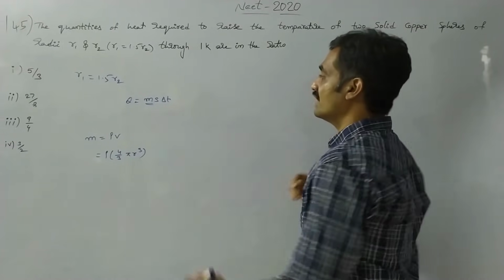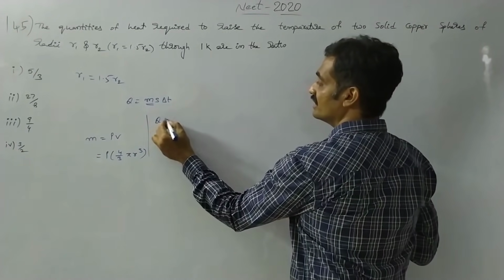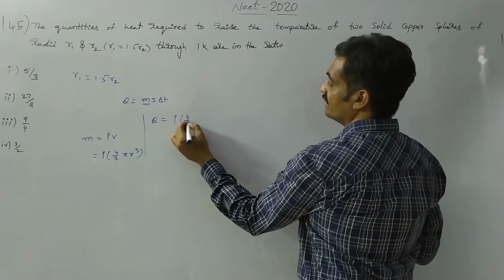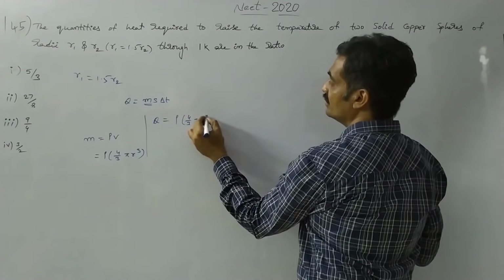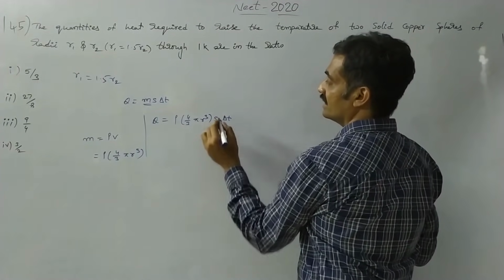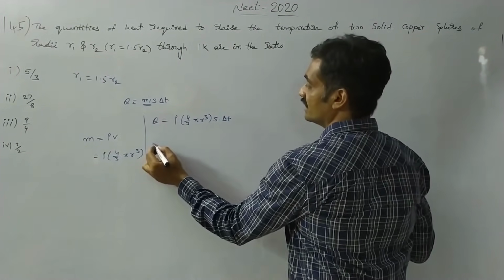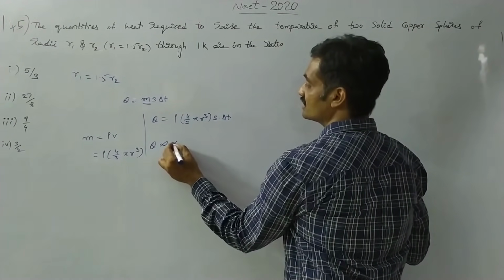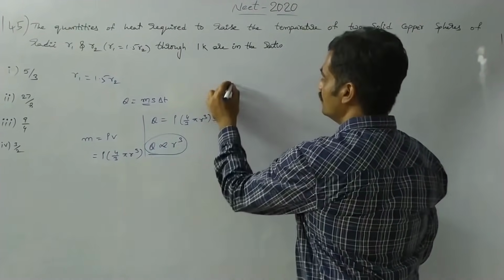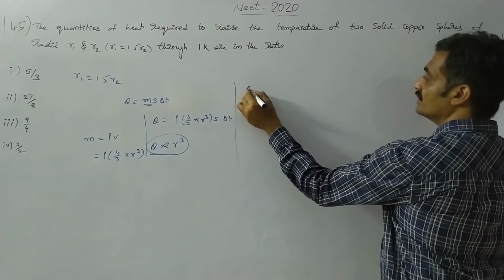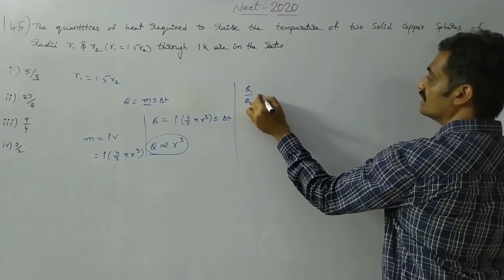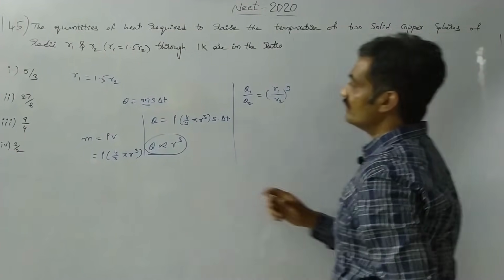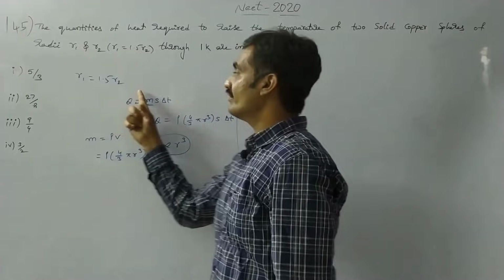If I substitute this value, then the heat transfer to a body is given as Q equals rho into 4 by 3 pi R cube into S into delta T. So based on that, we can say that Q, the quantity of heat transferred, is directly proportional to R cube. So from this we can write Q1 by Q2 equals R1 by R2 whole cube, where we know that R1 equals 1.5 R2.